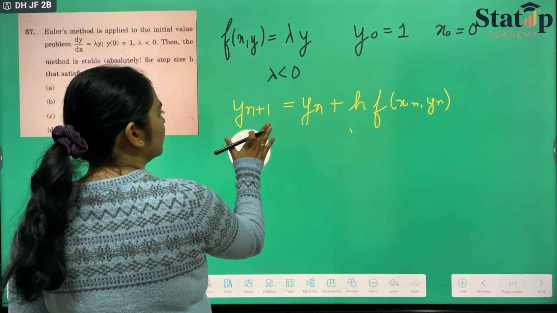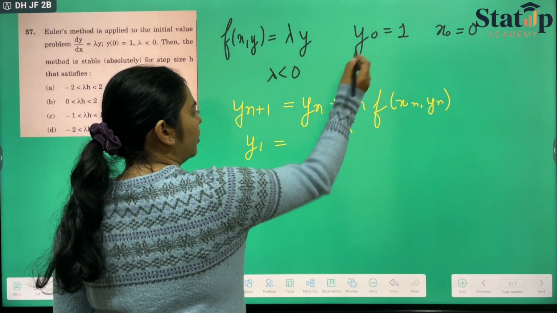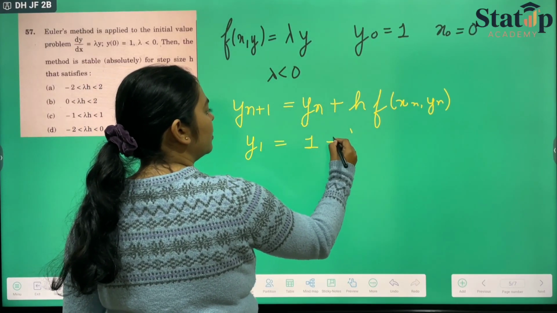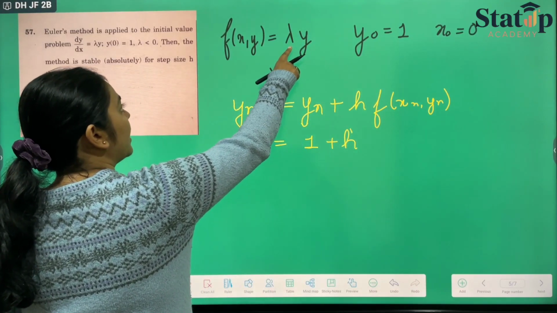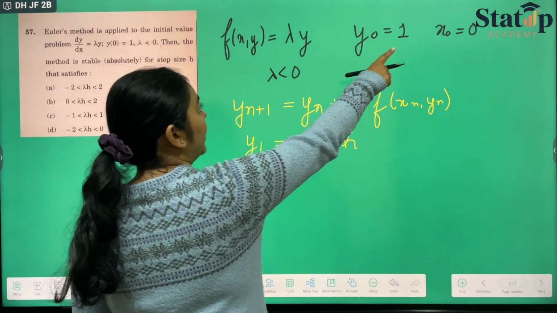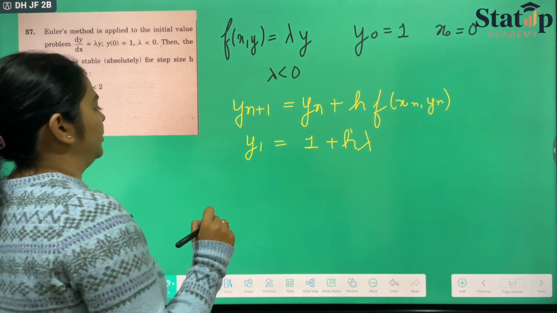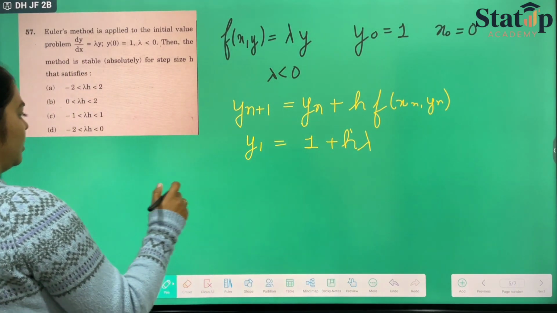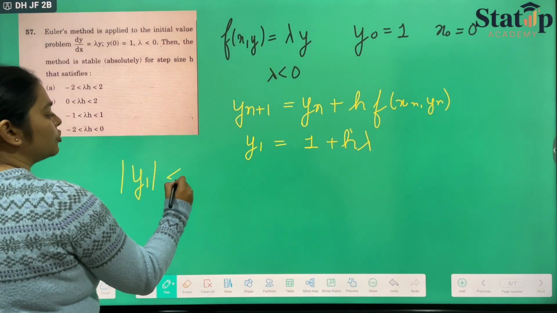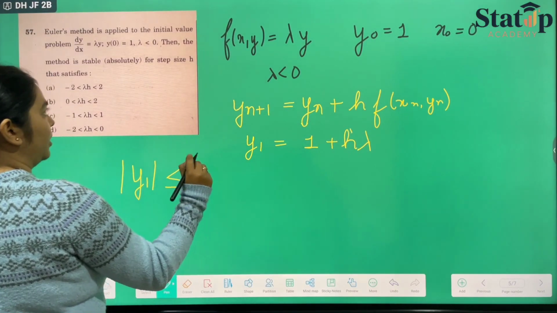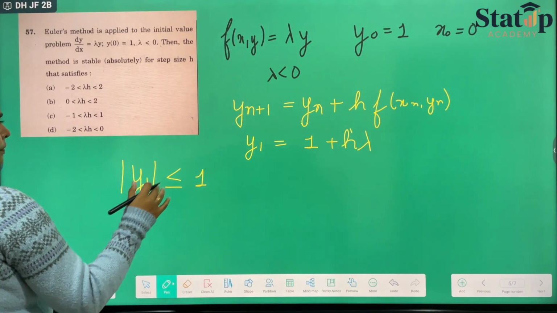Suppose we are taking the value of y1. y1 is equal to y naught, which is 1, plus h into f(x, yn). Here, in place of yn we'll put y naught, and this will be equal to 1 plus h lambda. Now the modulus of this y1 should always be less than or equal to 1, so that the method is absolutely stable.